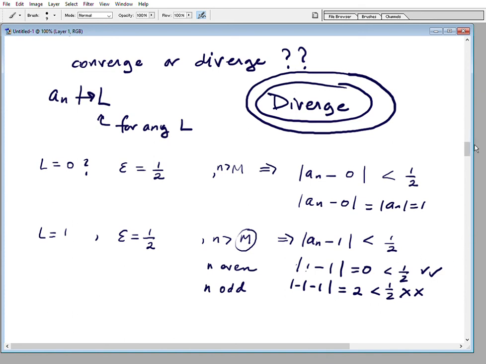So that's how you would prove it, but you have to prove it for a specific value of L, like show that the limit is not 0, or show that the limit is not 1, or show that the limit is not minus 1. So the epsilon definition is what's used to prove that limits don't exist.